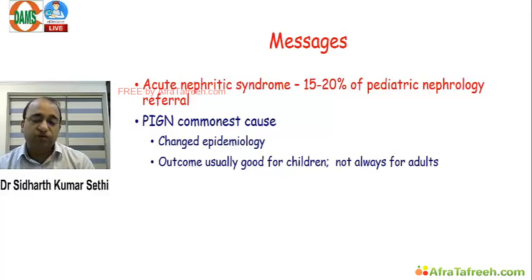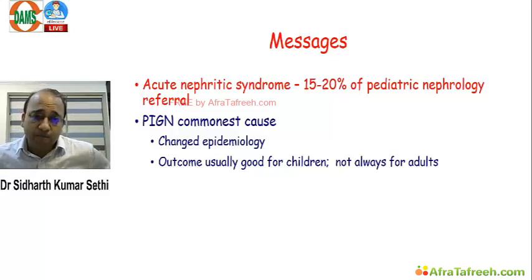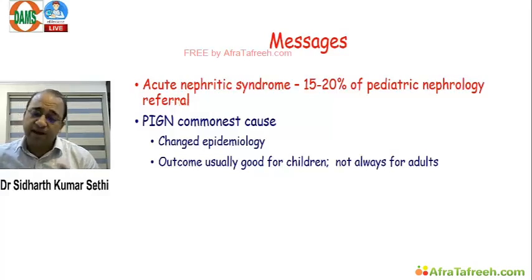Now things have changed. It is less common in America, it is less common in the developed world. Outcome is good in children, not in adults. In children, 95% will improve of post-streptococcal.